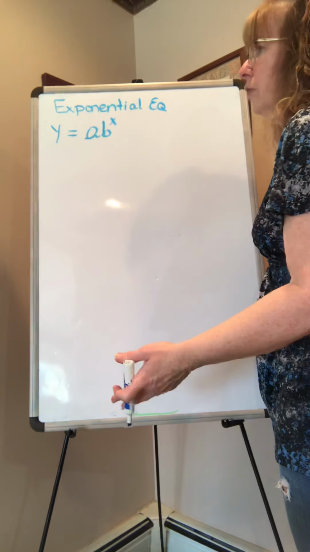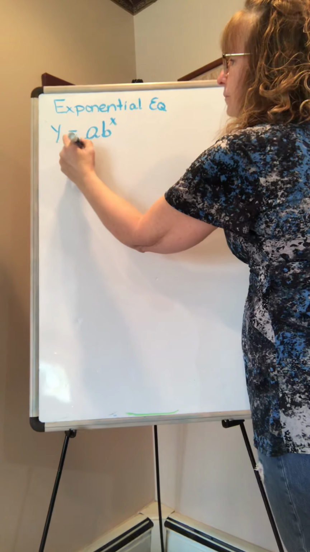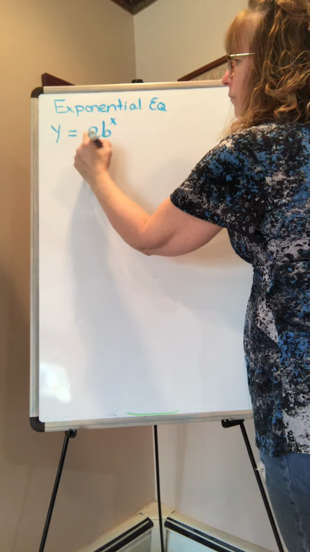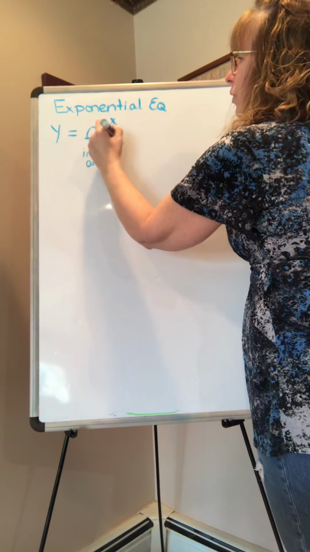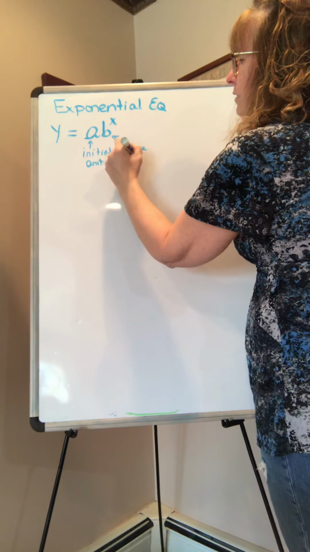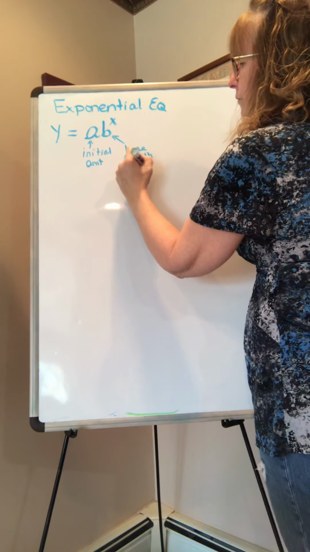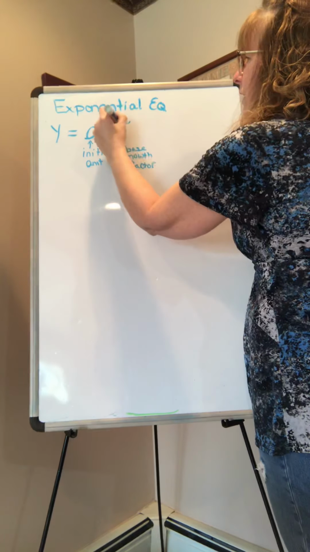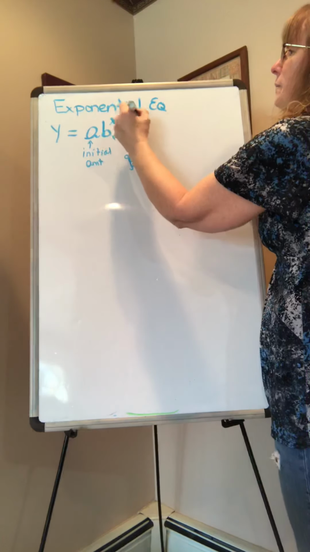We use this all throughout chapter 7. This is the initial amount. This, of course, is the base, which is also called the growth factor. And here again is the exponent, usually time.